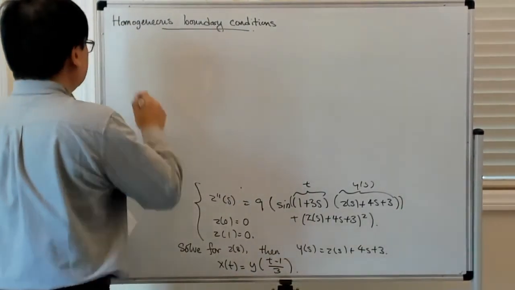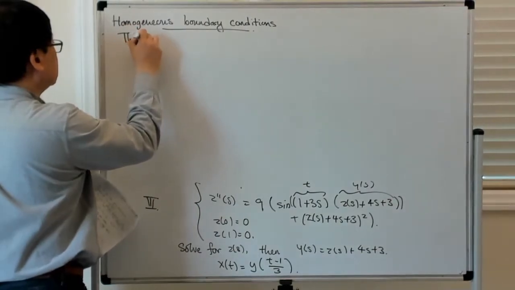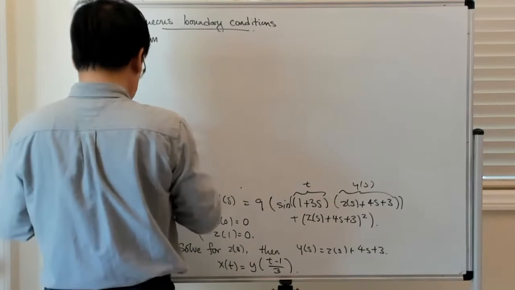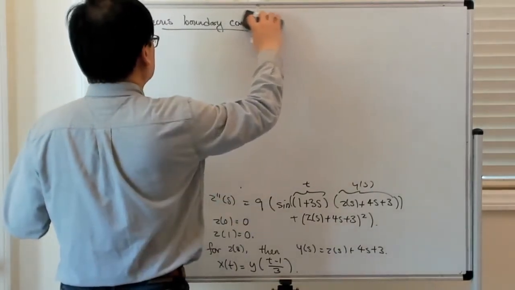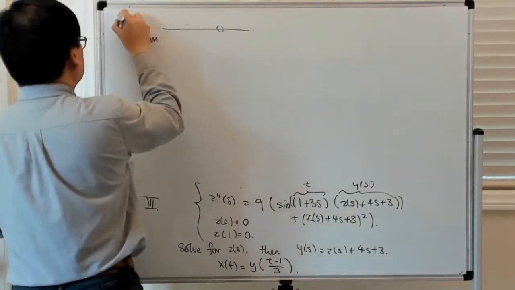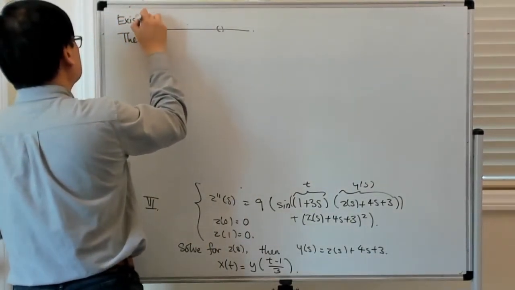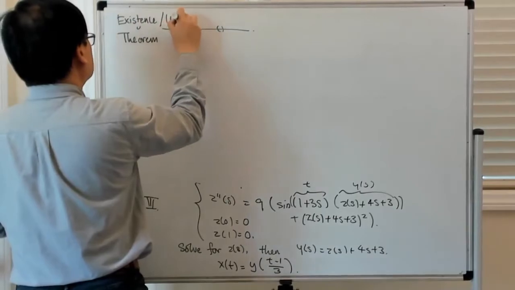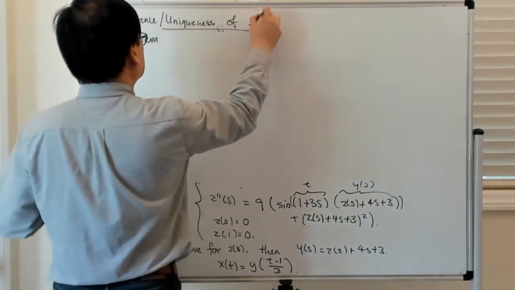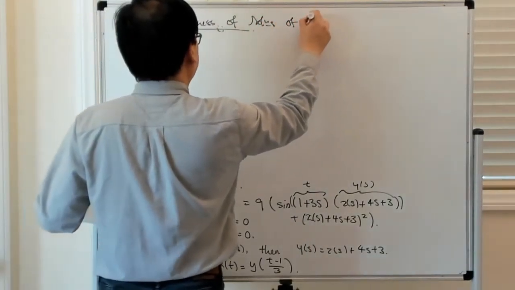So the theorem is as follows. This is for existence and uniqueness of solutions of boundary value problems.